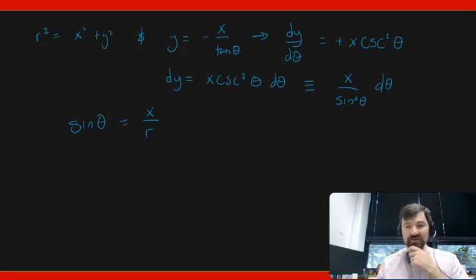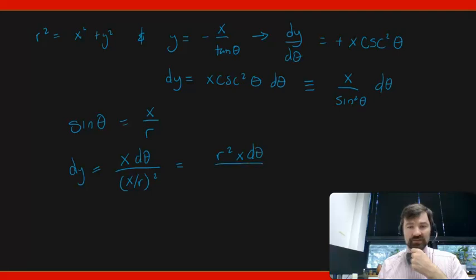So this term here should become dy is equal to x d theta divided by x over r quantity squared. And so if we square it out and simplify, I end up with r squared x d theta over x squared, which is just r squared d theta over x.